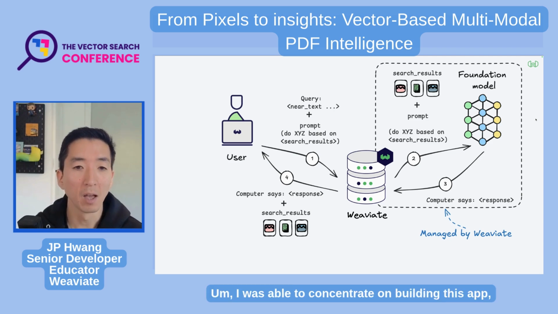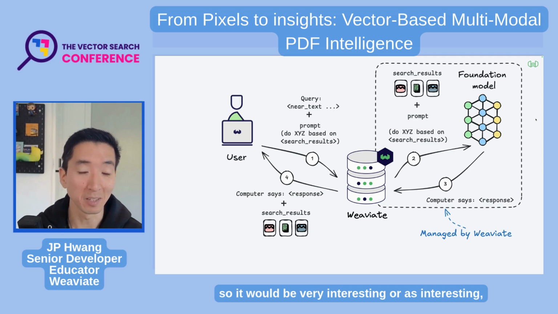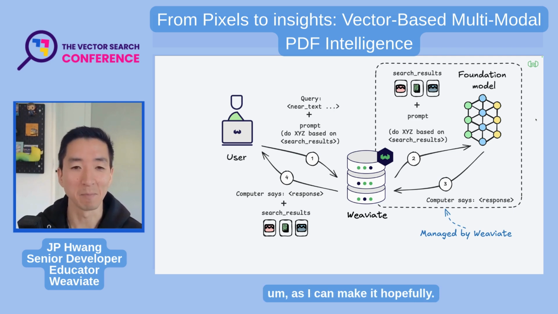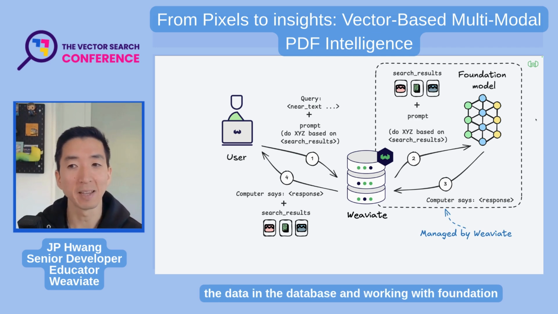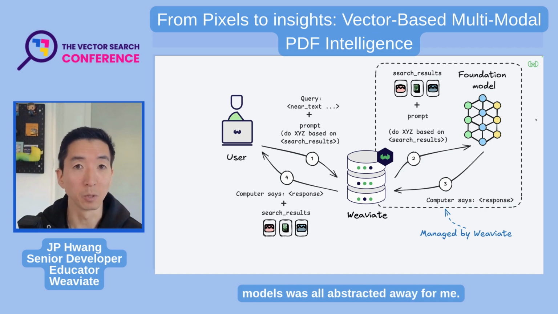I was able to concentrate on building this app, so it would be as interesting as I can make it, hopefully, and on getting the right results shown on the application. Managing the data in the database and working with foundation models was all abstracted away for me.